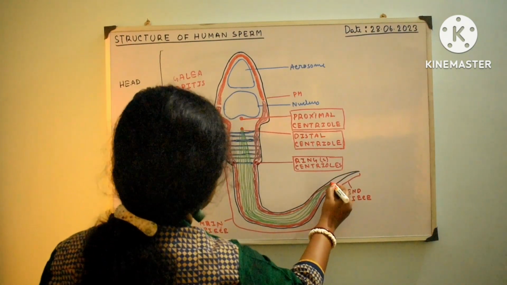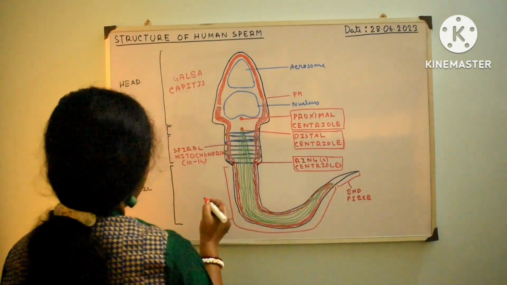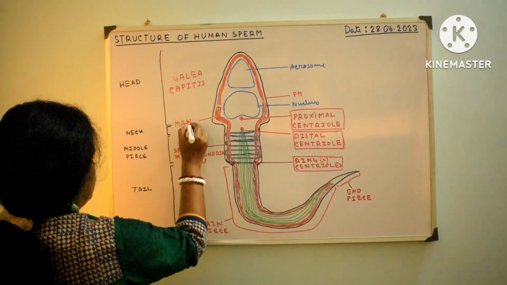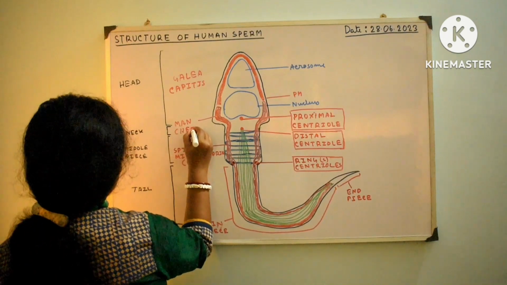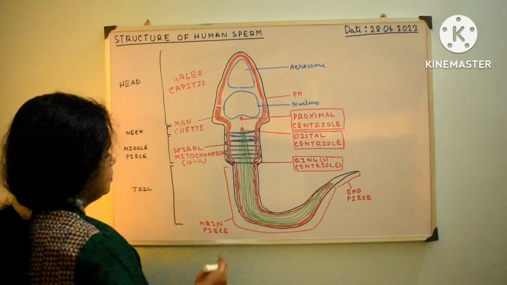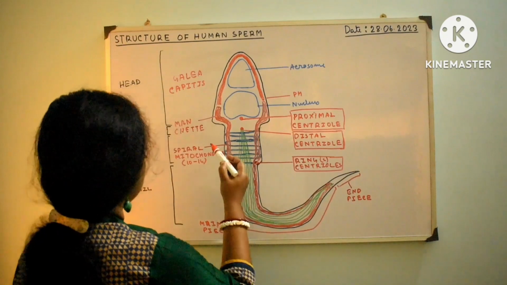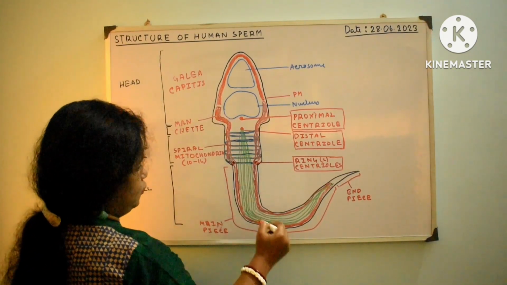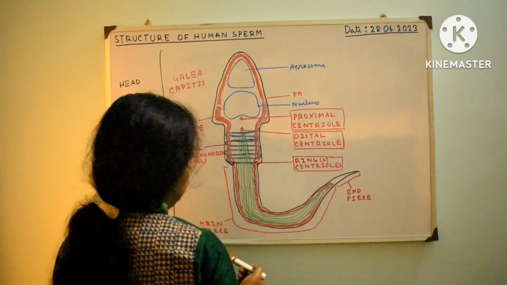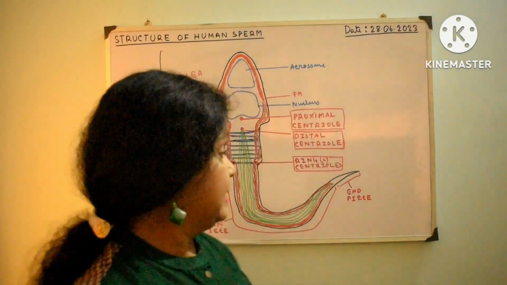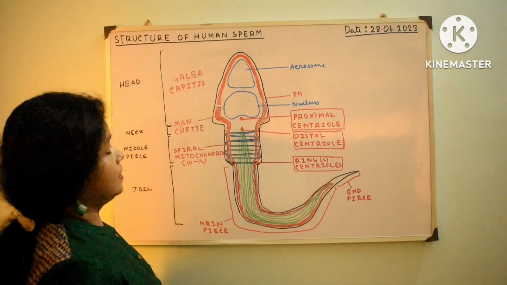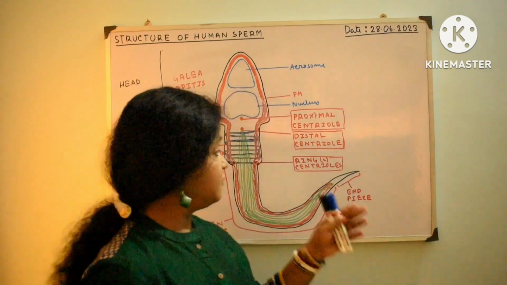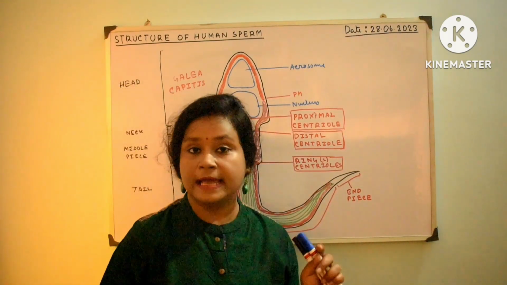And this one is known as the manchette, which will continue from the remaining 1/3 of the head portion up to the main piece of the tail.